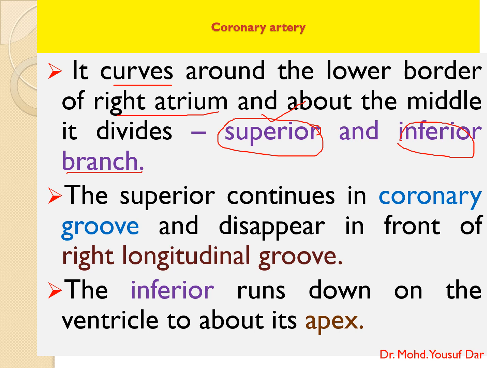The superior one continues in the coronary groove and disappears in front of the right longitudinal groove, while the inferior branch runs down on the ventricle to about its apex.